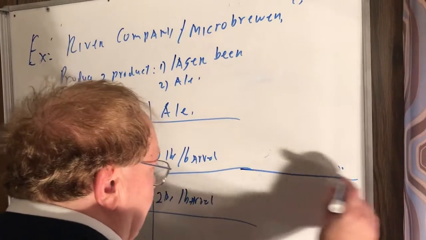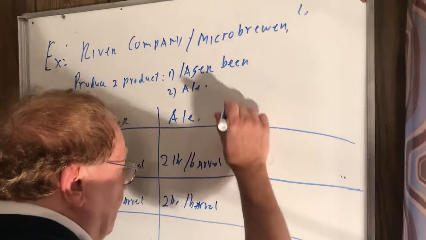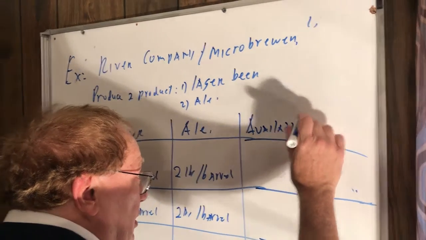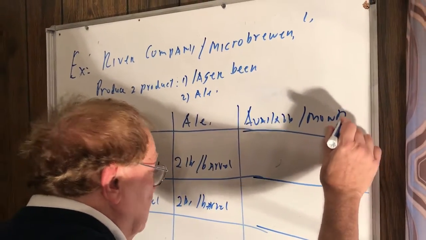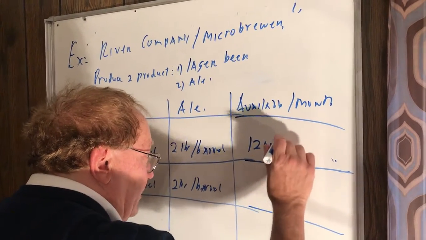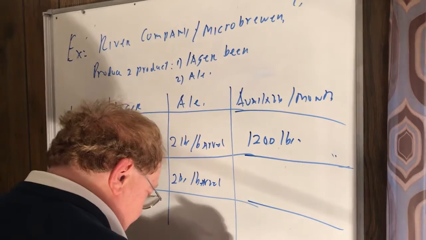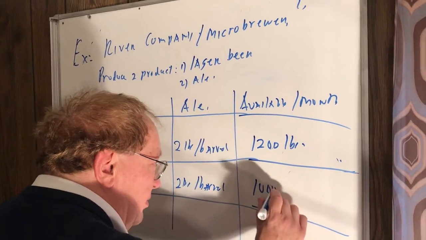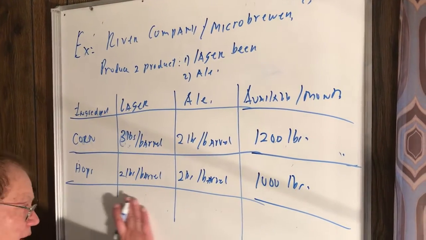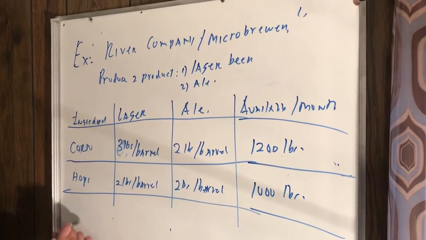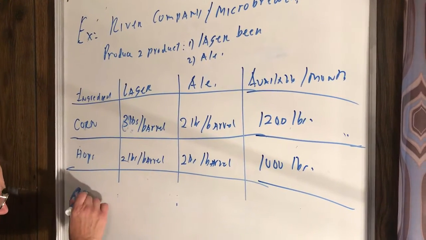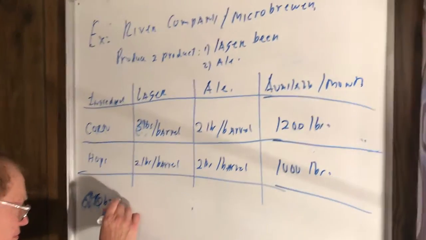Now what's available here? These are where our constraints come in. So let's say it's going to be per month. Available per month. Well, they say there's 1,200 pounds of corn that they can get in and 1,000 pounds of hops. All right, so step 1, here we're not given the objective function, their profit.